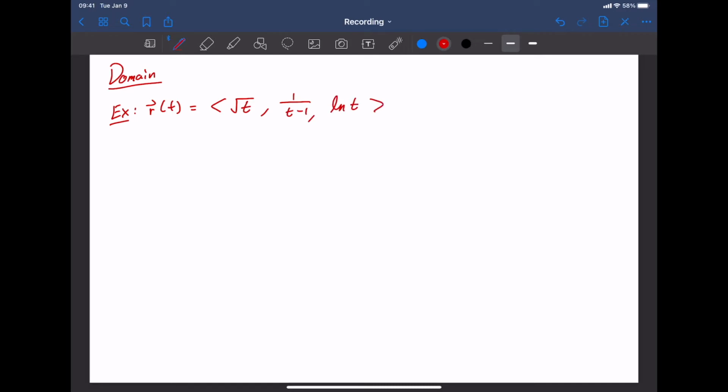Okay. The main thing I want to say here about the domain is that the domain of this vector valued function will be the intersection of the domains of the component functions.